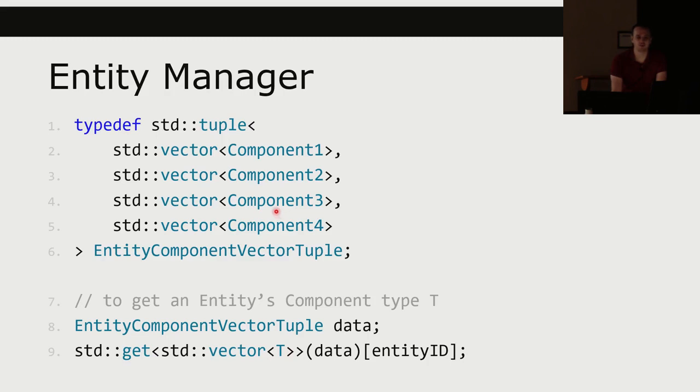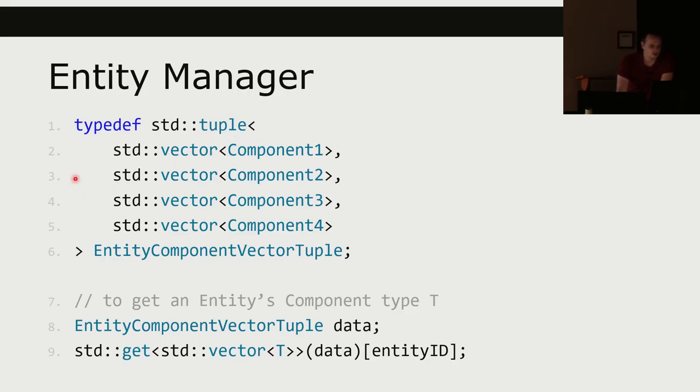And this is essentially our memory pool. And then to get an entity's component of type T, well, we have this entity component vector tuple. That's what I've defined this as, right? And so if I want to get the component of type T from a specific entity ID, we say std::get<std::vector<T>>, which is a super fast lookup because C++ does this very efficiently.